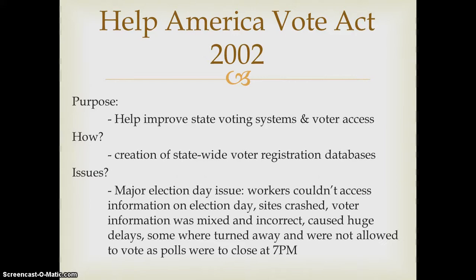And you can see there the issues. Not just elections in 2002, which are your interim elections, but it also left issues with election day in 2004, which was a presidential campaign. People are actually turned away at the polls because of the issues, and they couldn't be solved in time before the polls closed.